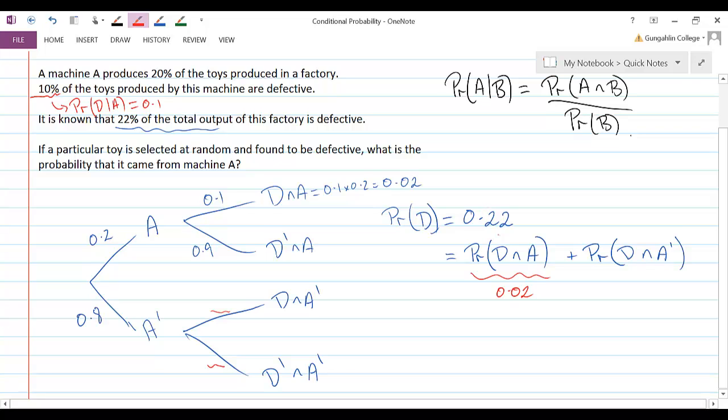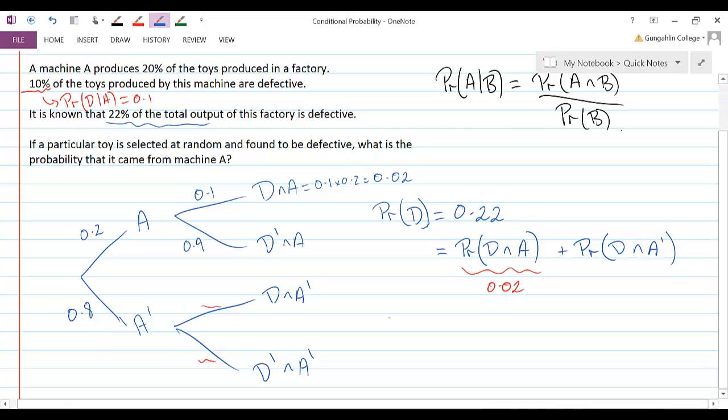So what we have is that 0.22, the probability of being defective, is equal to this thing here. The probability of being defective and from A is 0.02.